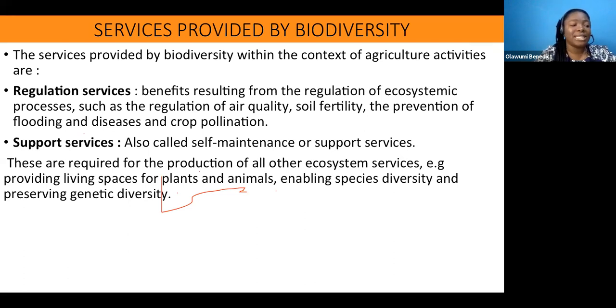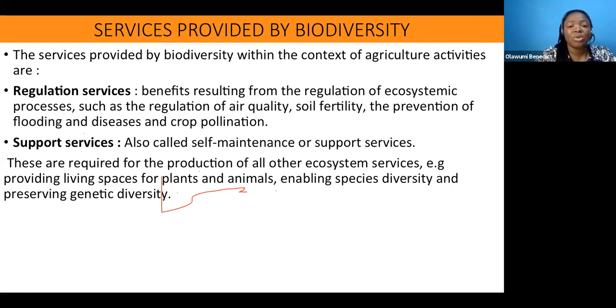In this biodiversity, we understand that it is the foundation of many natural processes governing the functioning of the agro-ecosystem. So biodiversity itself is a foundation for life. It's what we build upon. The services provided by biodiversity in the context of agriculture are, one, regulation services, and the second one, support services. So what is the regulation service?